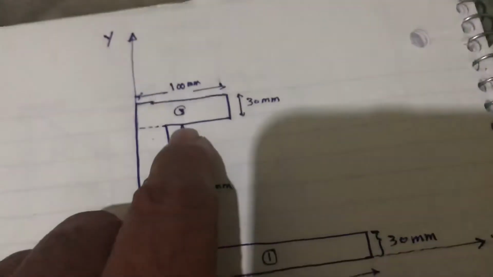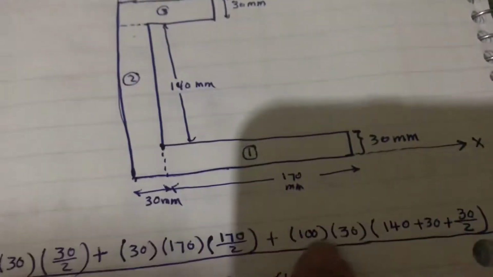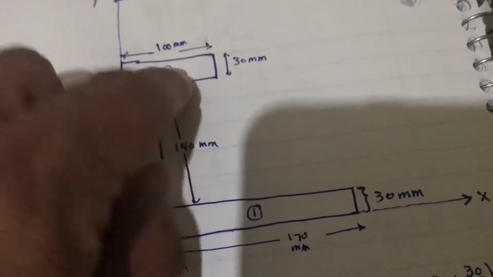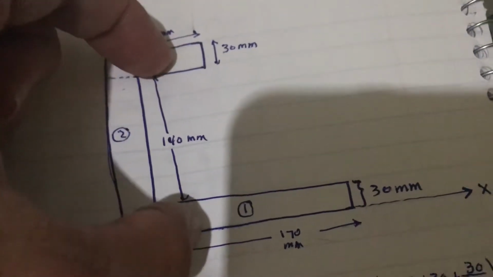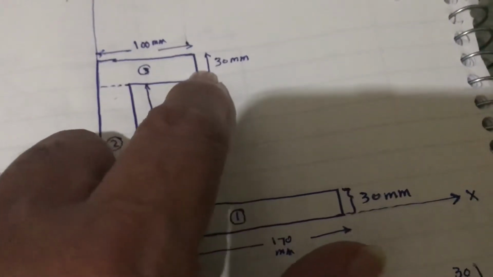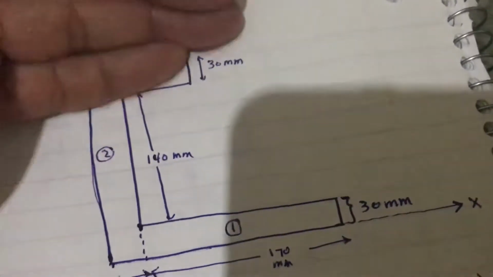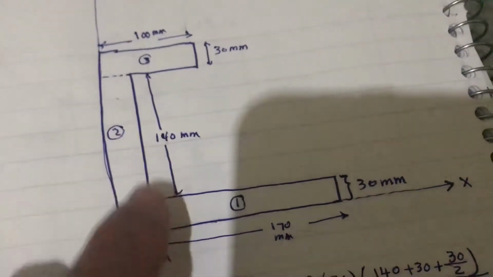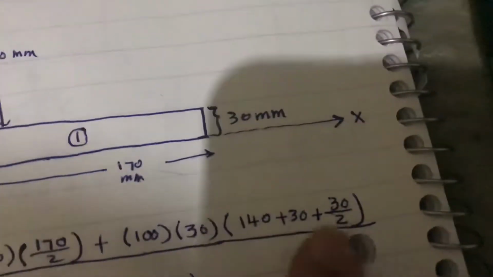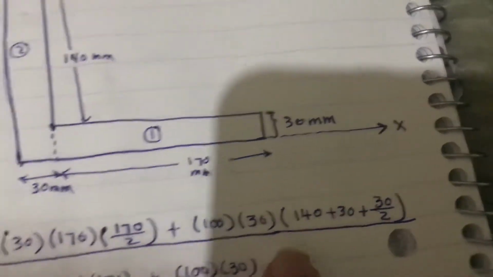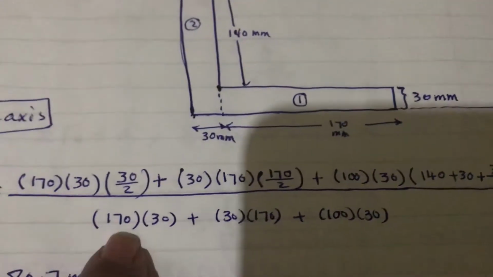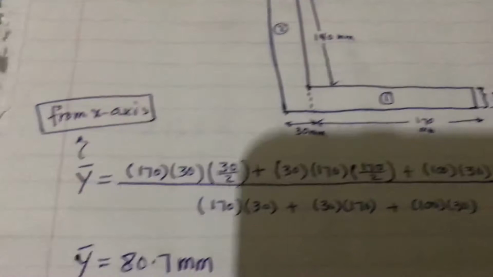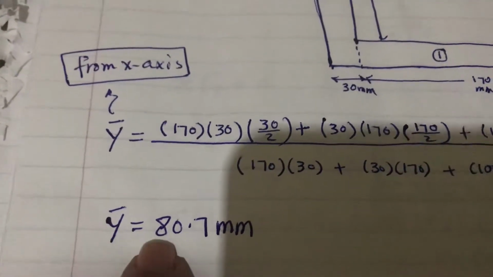Plus this shape, 100 times 30, times the center of this shape away from the x-axis, so 30 divided by 2 plus 140 plus 30. And then divided by all the areas, this area, this area, and this area. All the way at the bottom, you will get y bar is 80.7.